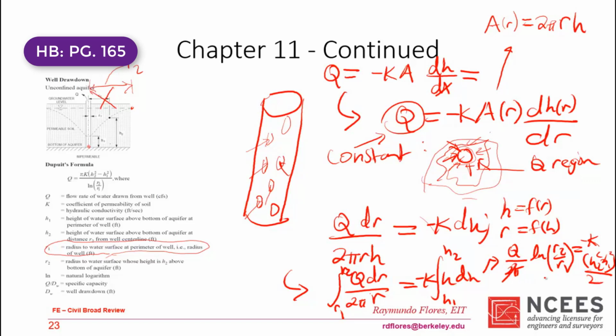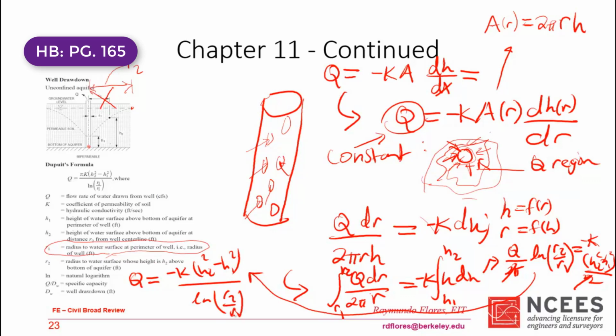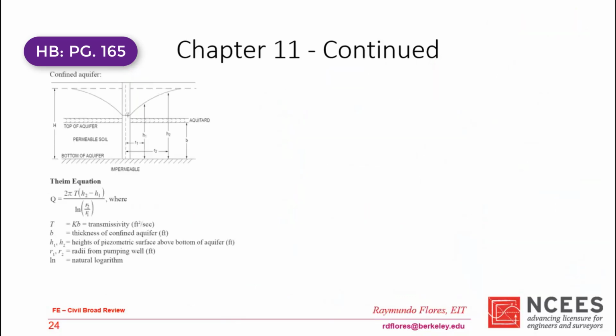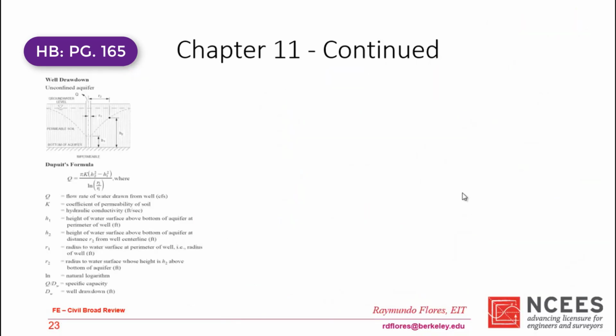So the 2's cancel, and you might be surprised, because Q equals k times h2 squared minus h1 squared divided by ln of r2 over r1. Isn't that just this one? Oh, well, obviously you still have the pi. I forgot to put that in right here. Yeah. Isn't that just this one? See? If you understand this, that's what you'll get. So anyway, let's move on.